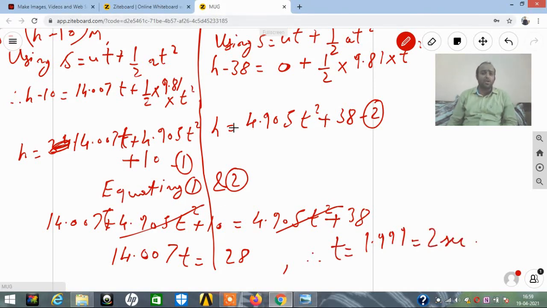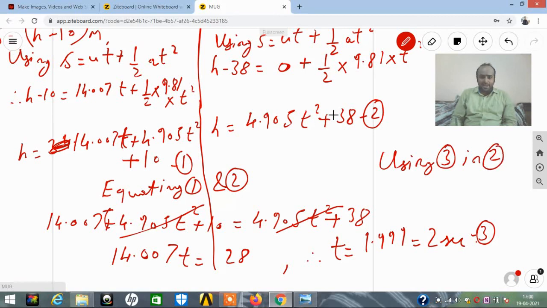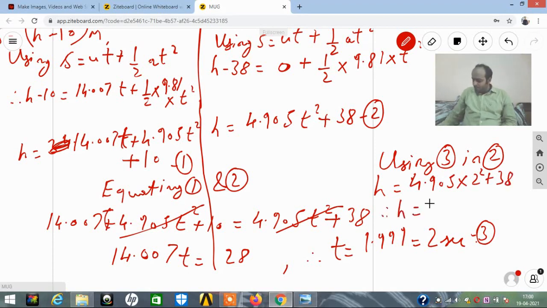Let me substitute that value of t in equation number 2, using 3 in 2. h is equal to 4.905 into 2 square plus 38. The value is 57.62 meters. Very interesting it is.